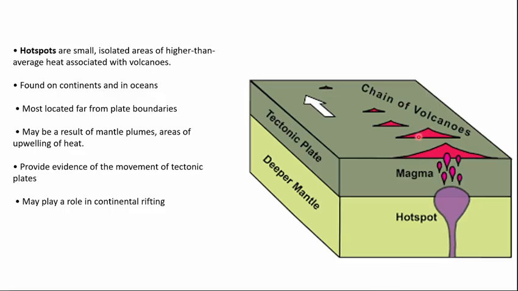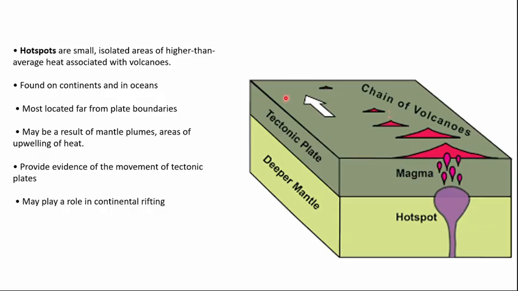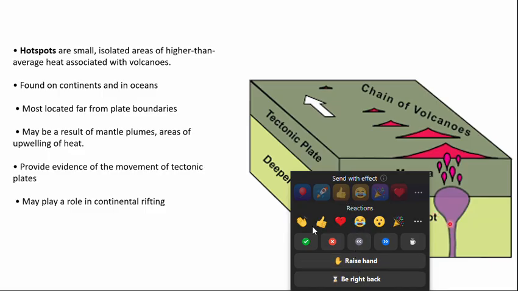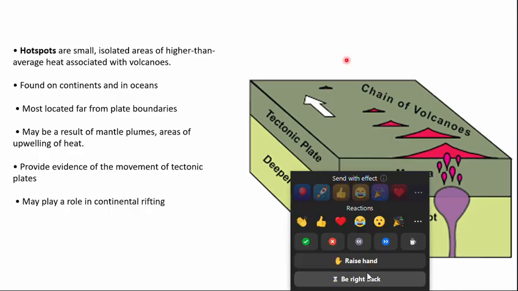That is how it continues. Because the plate is moving, it looks like it forms a chain based on the direction of the plate. This is our direction of the plate. Our hotspot is stationary. So this one was the first one that formed. The plate moved away. The second one is the next one that formed. The plate moved away. The third one formed. The plate moved away. Now we are on the fourth one. Do you understand the concept?